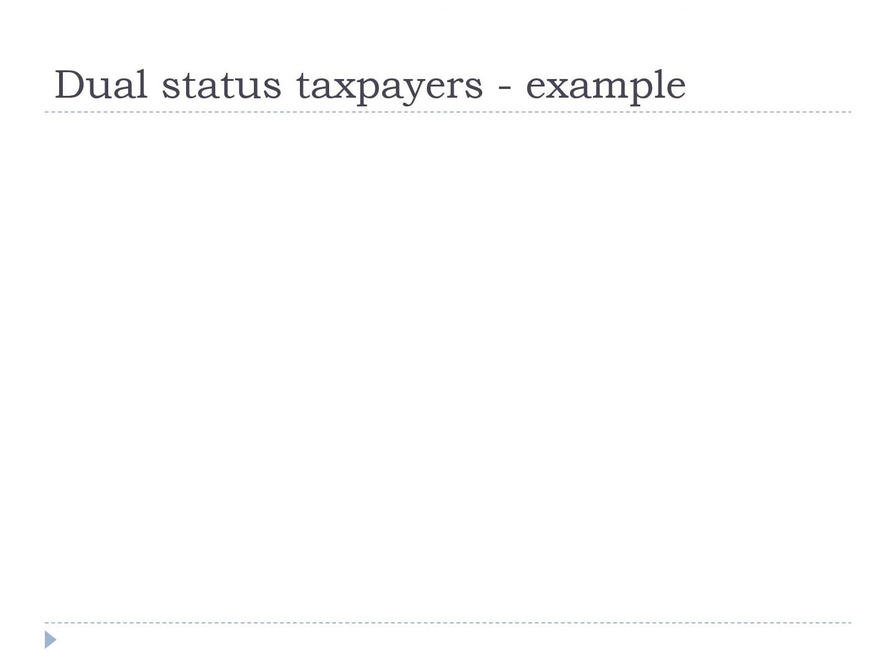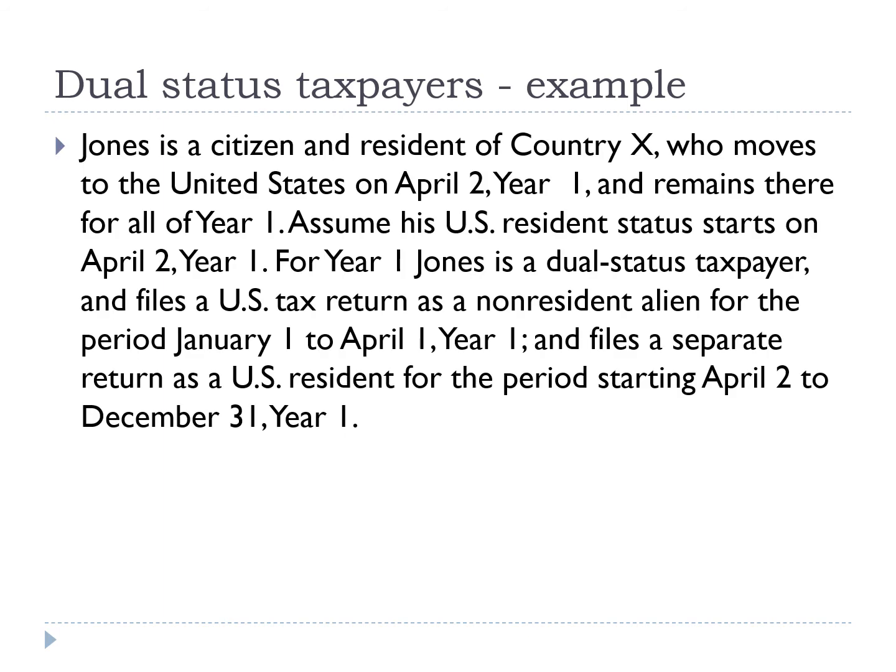Here's an example of a dual status taxpayer. Jones is a citizen and resident of country X who moves to the United States on April 2nd, year 1, and remains there for all of year 1. Assume his U.S. resident status starts on April 2nd, year 1.